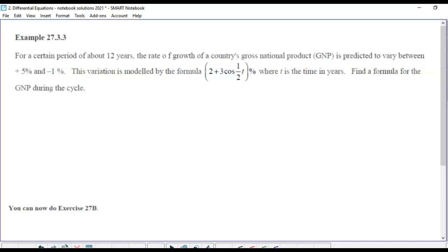So let's call that something. So gross national product. So let P be GNP after T years.